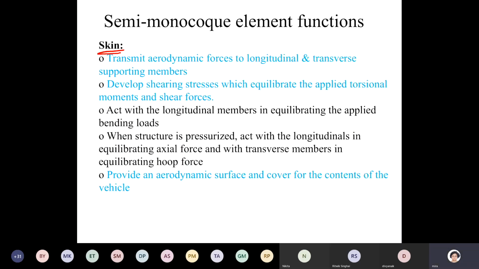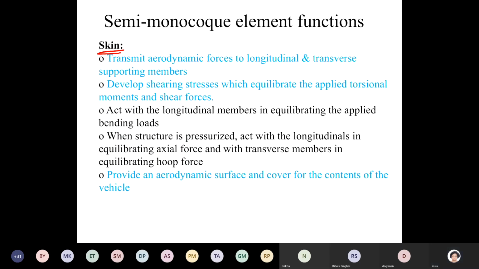Now, the job of skin, longitudinal and transverse member is to carry and sustain this load while delivering the function. Almost all these components more or less carry all forms of load, bending, torsion, compressive or shear.